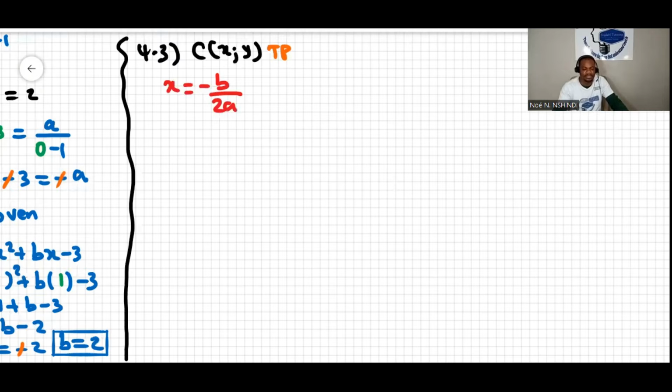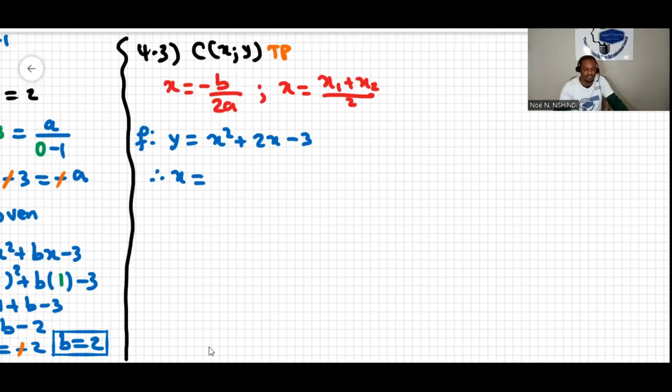We can also use the intercepts: x1 plus x2 over 2. In this situation, I prefer to use the first formula because f is given by y equals x squared plus 2x minus 3, since we found b is 2. Therefore x will be equal to minus b, so minus 2 over 2 times 1, and that means x equals negative 1.